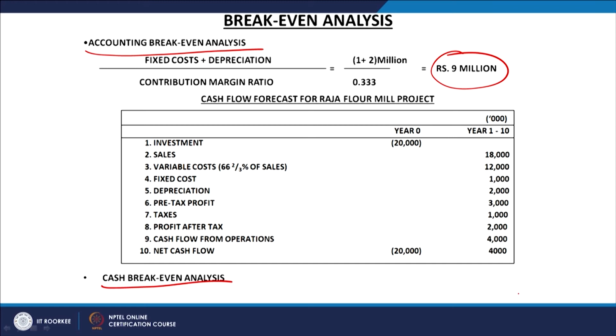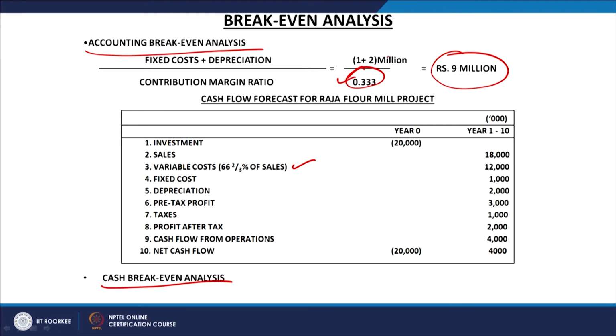We first calculated the contribution, and here our variable cost is 66 and 2/3%. So, if you calculate the contribution margin ratio, sales minus variable cost is the contribution, and the ratio here is 0.333 or 33.33%, right.